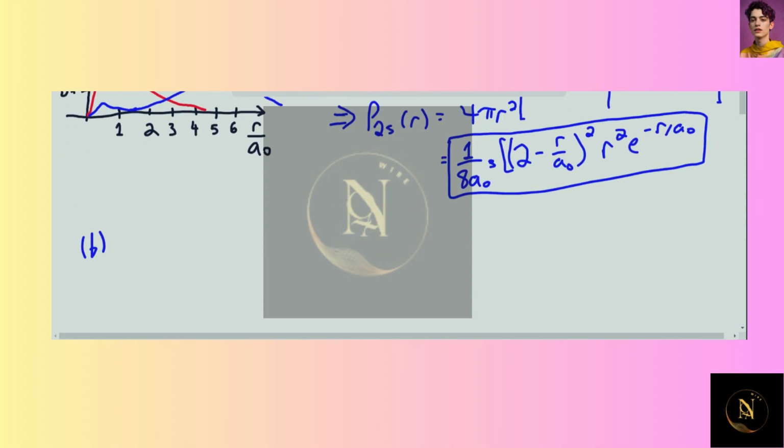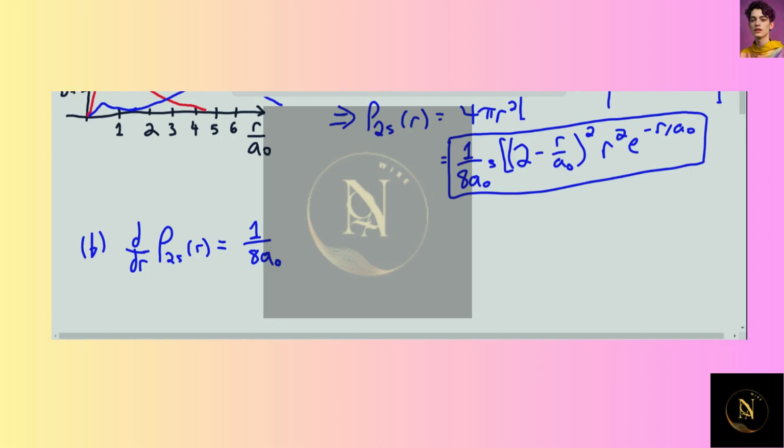I believe part B is now we want to find the minima and maxima. So that's when this function, the probability density function in radial terms, well, first we'll find the function, then we'll set the derivative to 0 to find the maximum and minima. So if you take the derivative of the equation we just derived, the constant stays out front, but it's going to pull out more constants of 1 over a naught.